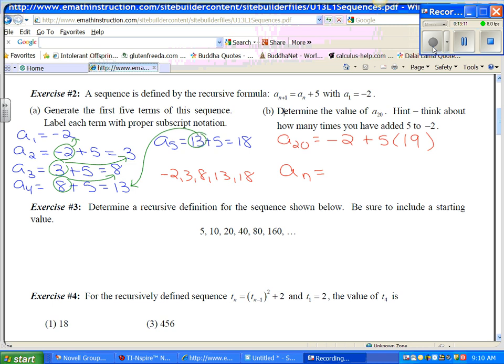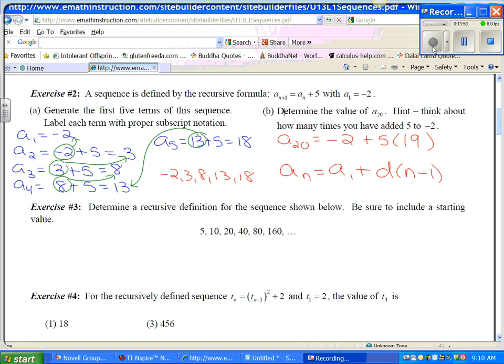A sub 1, my first term, plus, okay, so that value of 5 is called our common difference, sorry, totally blanked. Common difference, okay? So that means it's the difference, what we're adding or subtracting every time, depending, okay? So common difference we write as D, and we'll talk about that tomorrow in depth, okay? And then 19 is going to be written as what? N minus 1, excellent.